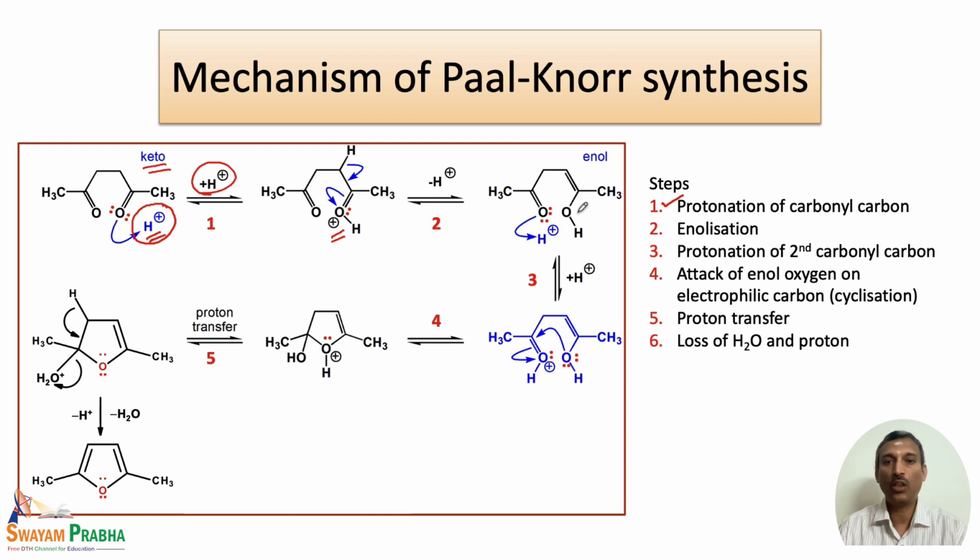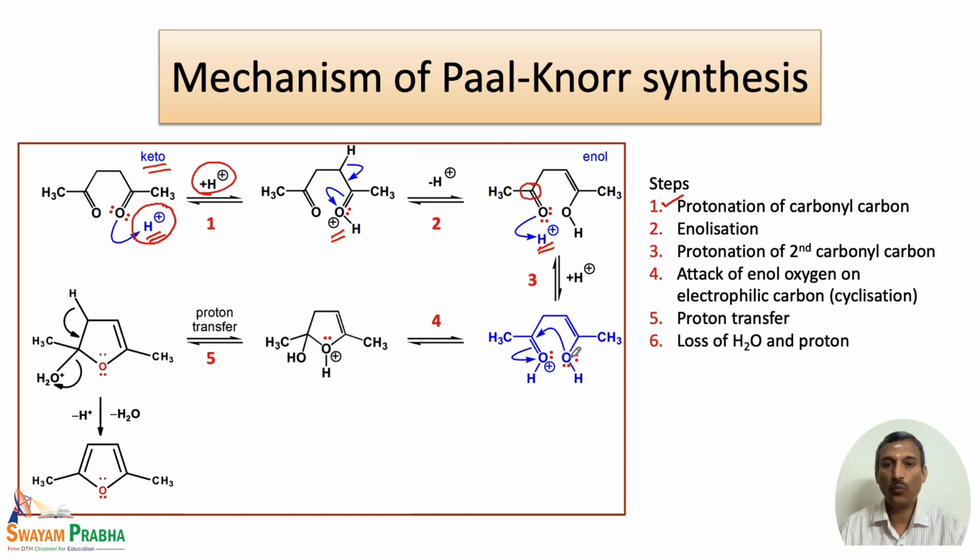Once the enol is formed, as we mentioned, this enol is a very crucial intermediate in this reaction. So what happens is a keto-enol tautomerism occurring in the presence of acidic conditions, and once the enol is formed, in the next step the second carbonyl unit is protonated by the acidic proton. Due to this, the carbon becomes more electrophilic in nature.